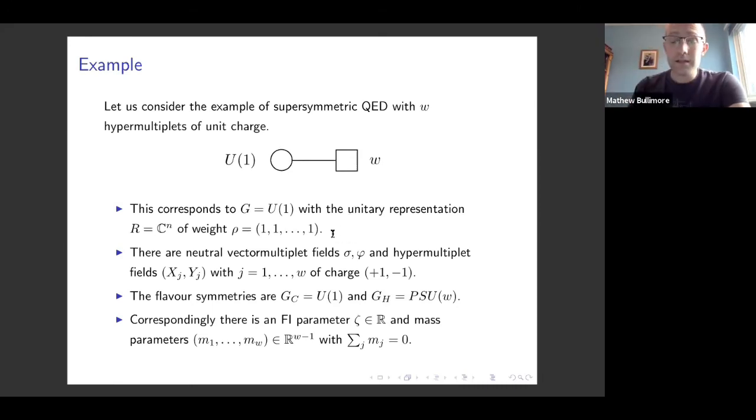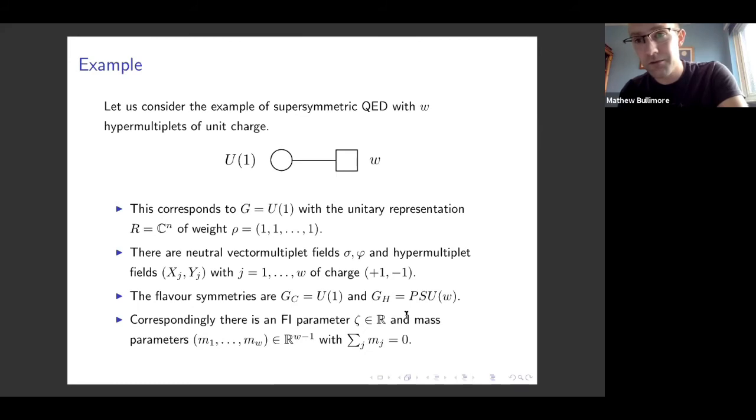Okay, so what parameters can I introduce? The Coulomb branch symmetry is U(1). That has rank 1, so I've got one real FI parameter. The Higgs branch symmetry is PSU(N). That has rank N. And so there are N masses.